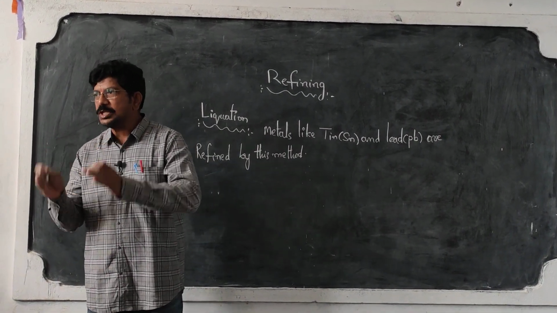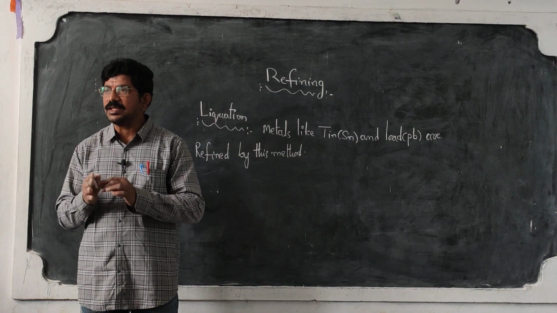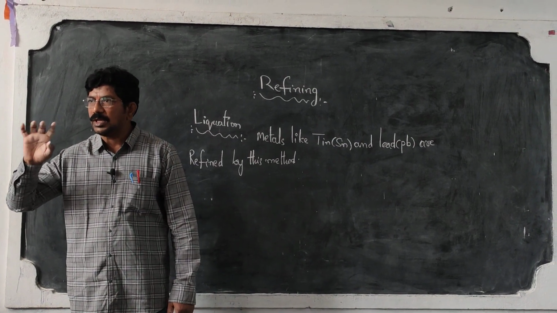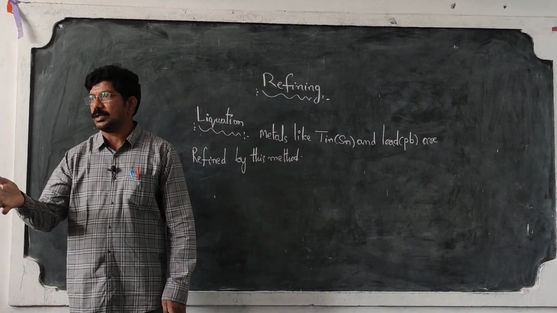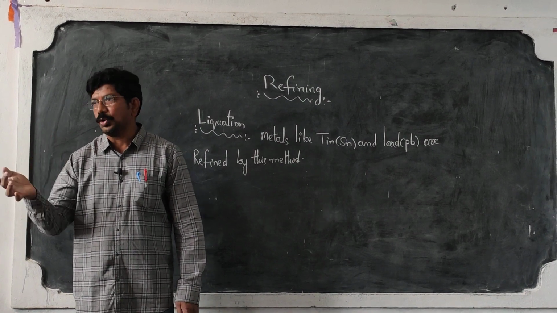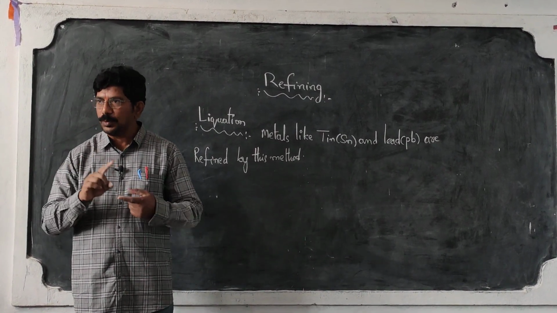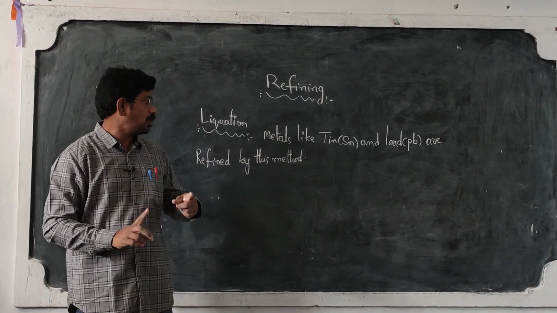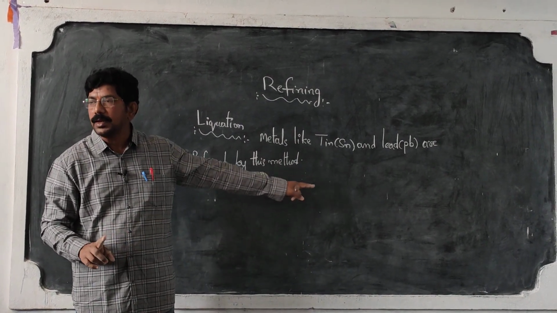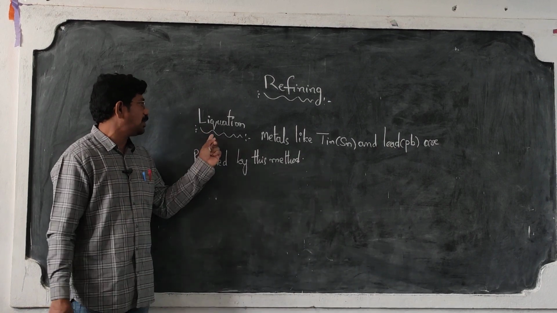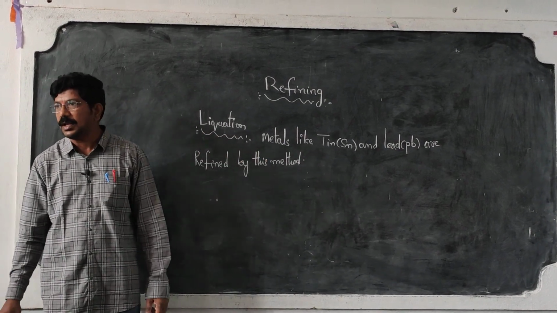We use this method whenever there is a difference in melting points between the ore, the crude metal, and the impurities.